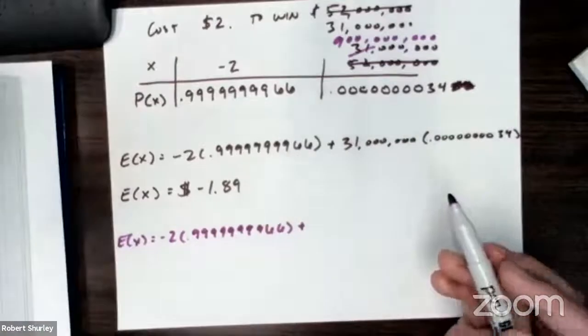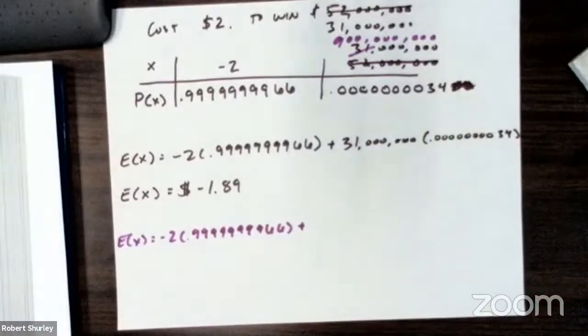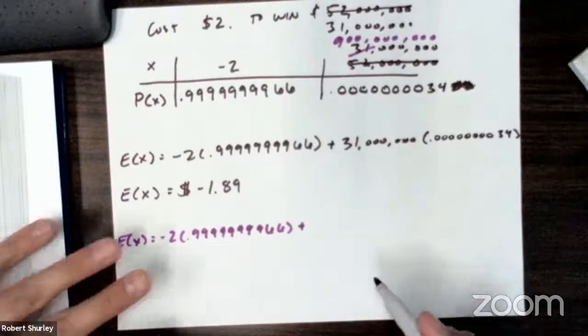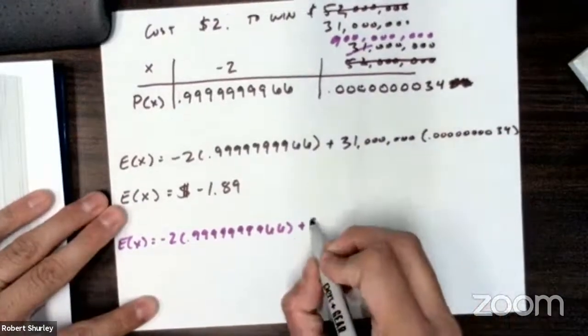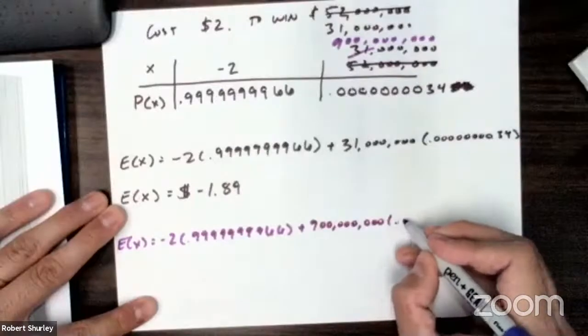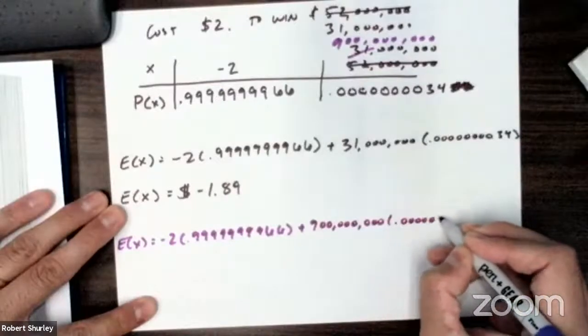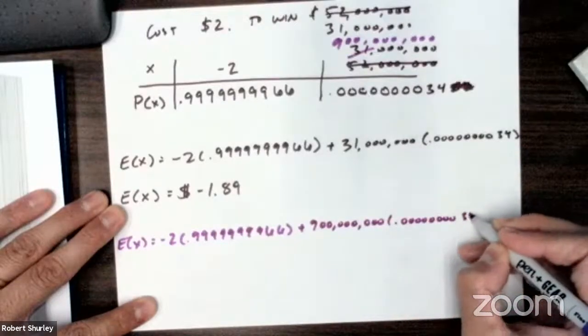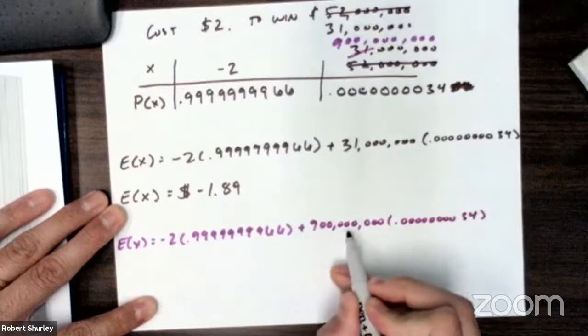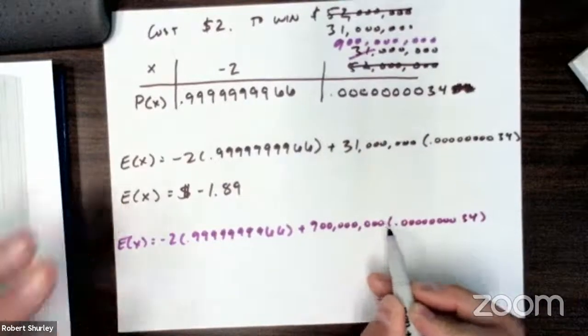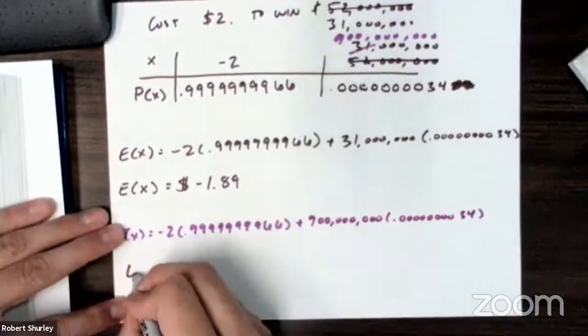Because it regularly happens that no one wins because they don't choose the right numbers. Or they don't check their numbers. Yeah, you could do that, right? So the only thing different here is this: instead of 31 million, it's 900 million.